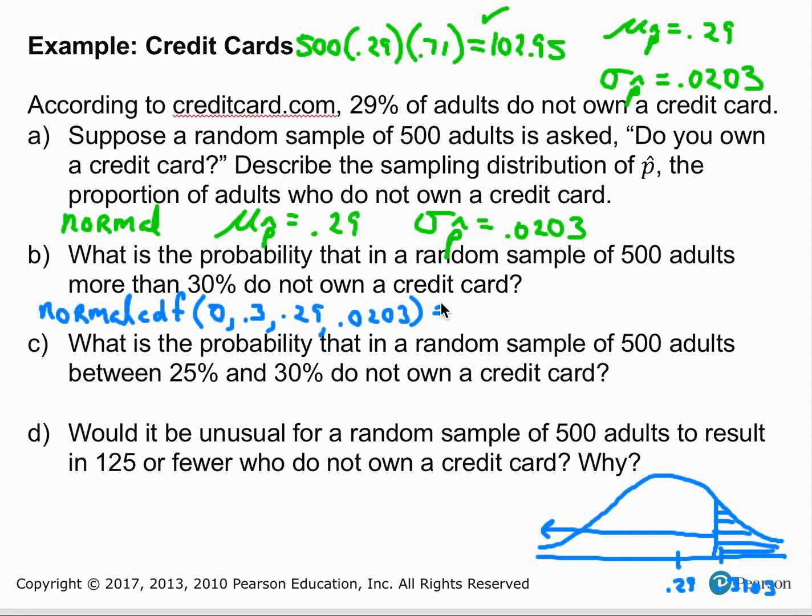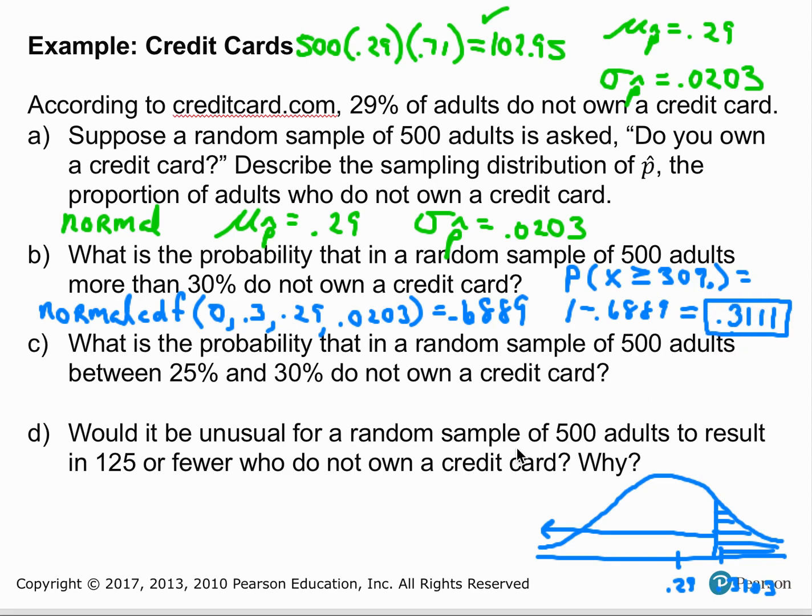Okay, 0.6889. But remember, that's this value. So the probability that x is greater than or equal to 30% is 1 minus 0.6889, so 0.3111.